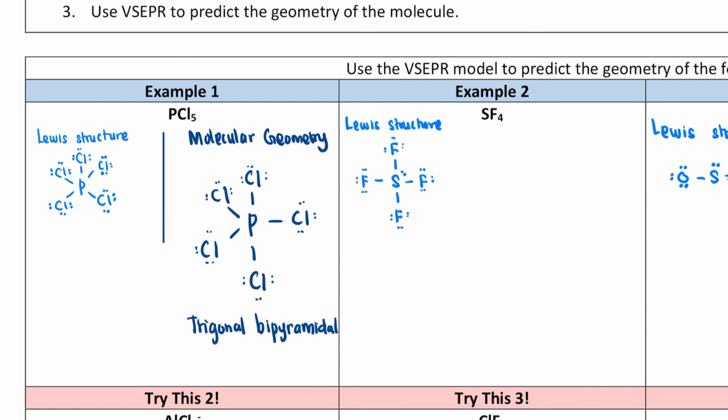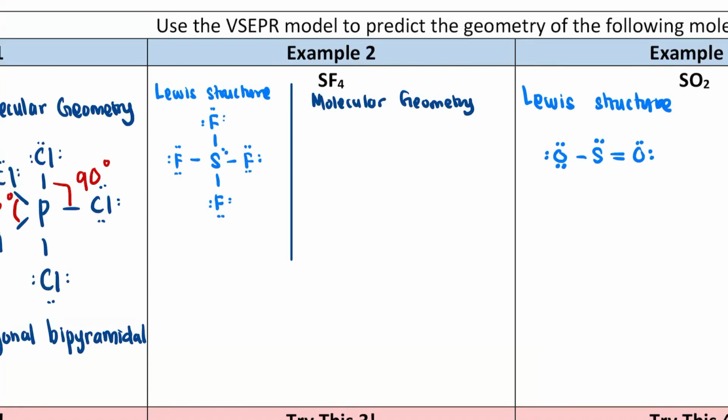Okay, so kalau soalan minta label the angle, then kena label lah. So macam ni 90 degree, ini 120. Tapi dekat soalan ni saya tak minta label pula. Tapi kalau soalan minta label, then you can just label on the diagram straight away.